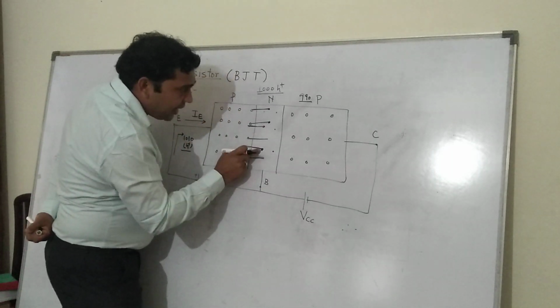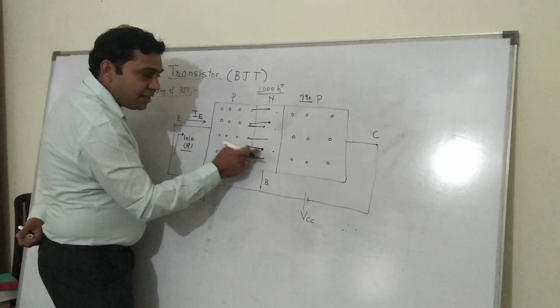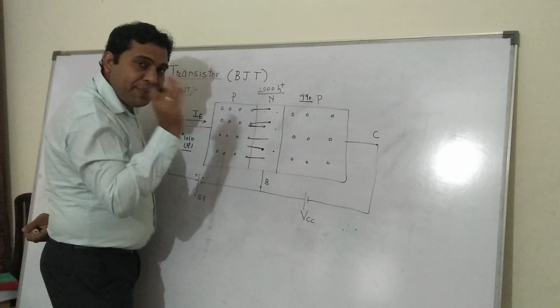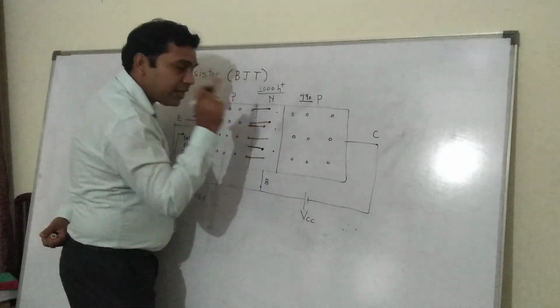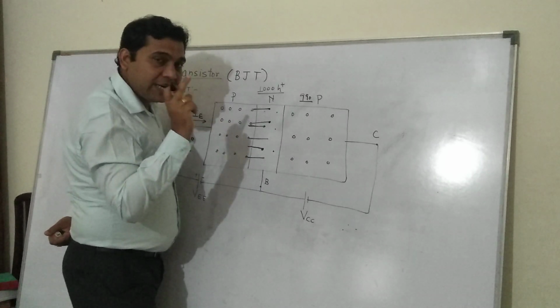Number two, the 10 electrons which already passed into the emitter region are also less. So overall in the base, 20 electrons are less now.